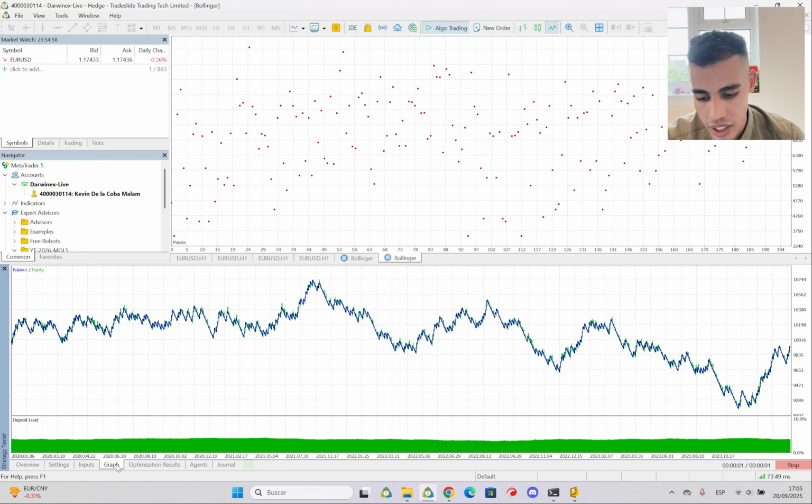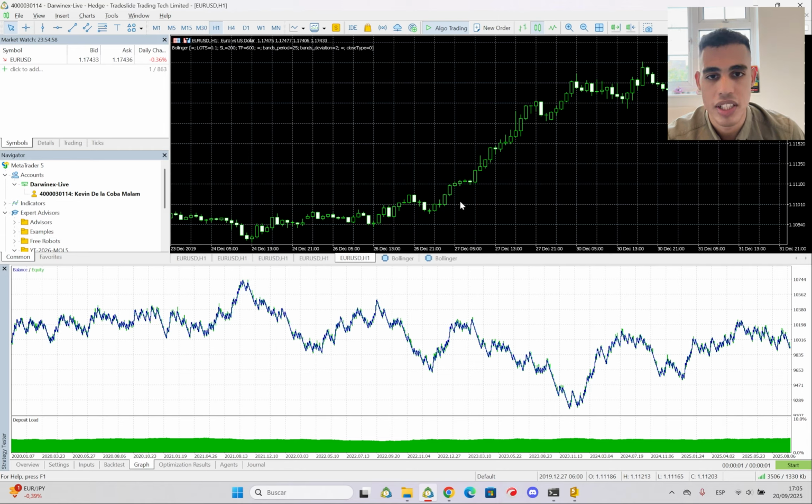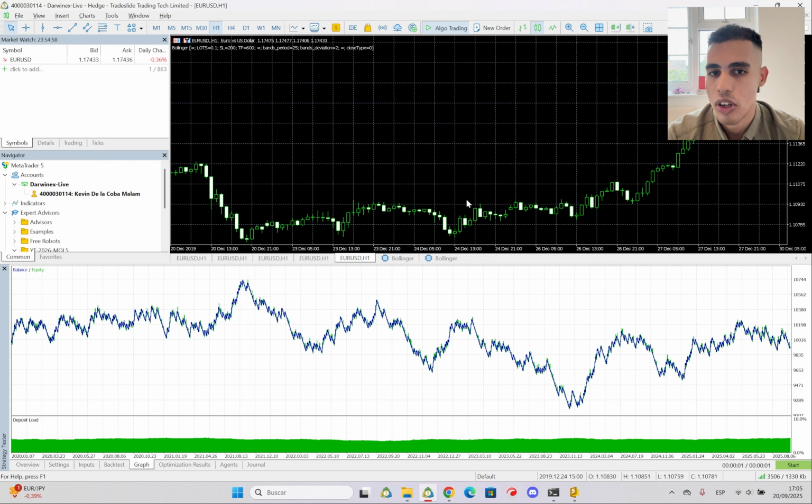I can double click here, check the graph, and we can see that we have a lot of losing streaks. So maybe there's something wrong happening here, where the condition when there's a trend for this strategy may be bad for it. So we may need to not trade when the market has a trend and just trade when the market is sideways, etc. We can come to all of these conclusions with these tools.